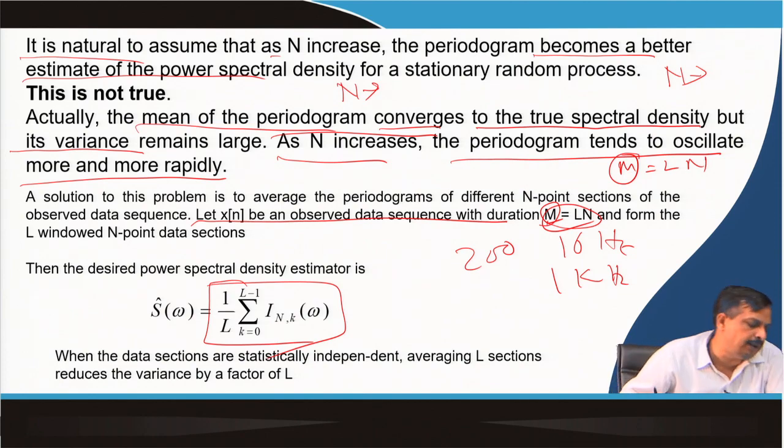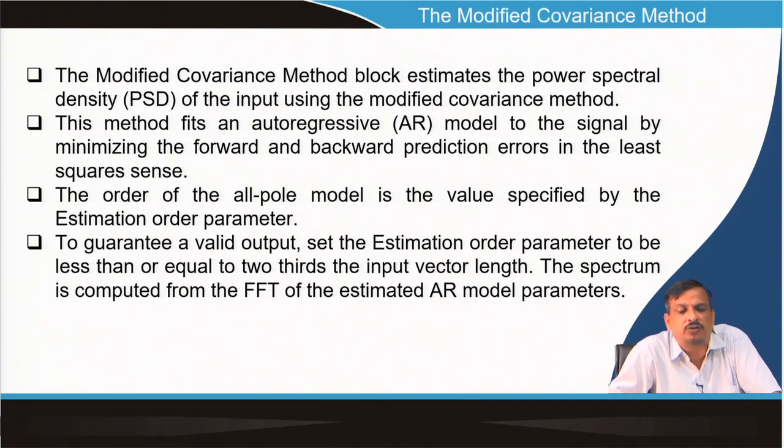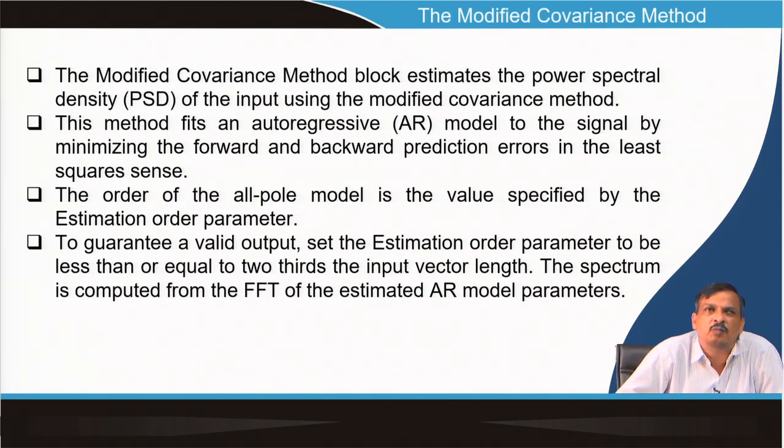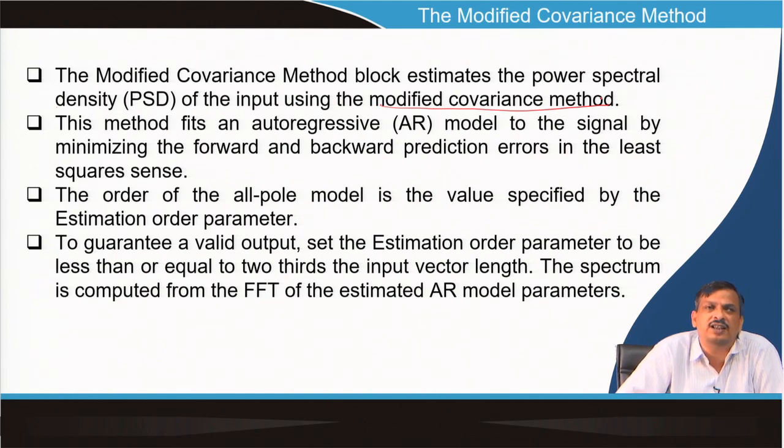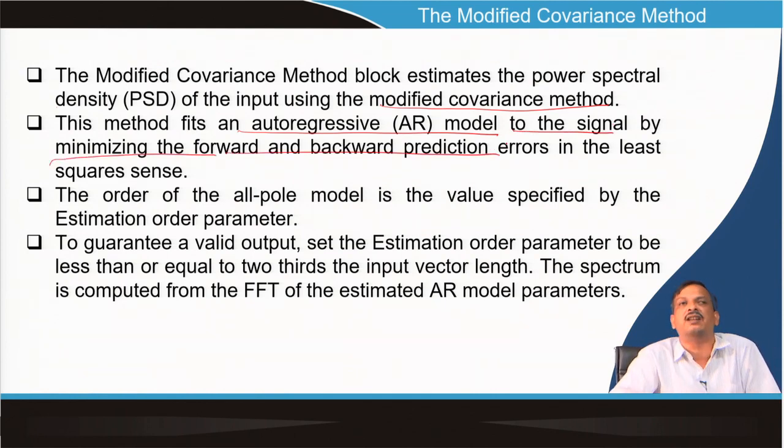using non-parametric approach. There is a parametric approach, the modified covariance method. The modified covariance method block estimates the power spectral density, PSD, of an input using the modified covariance method. What is this method? This method fits an autoregressive model to the signal by minimizing the forward and backward prediction error in the least square sense.